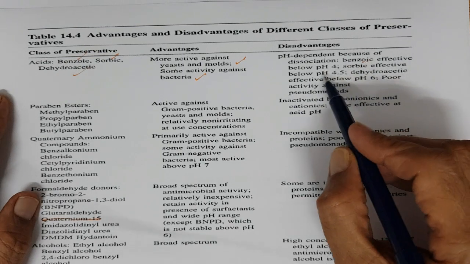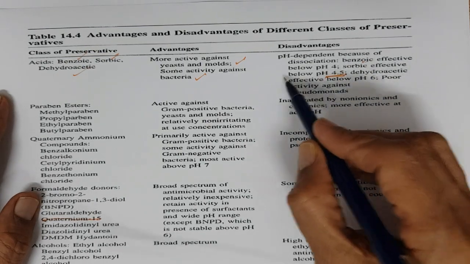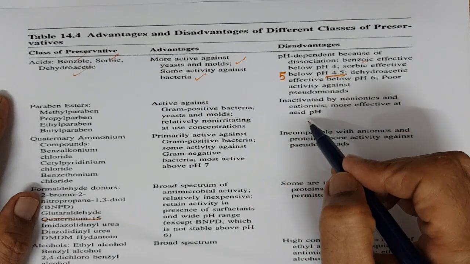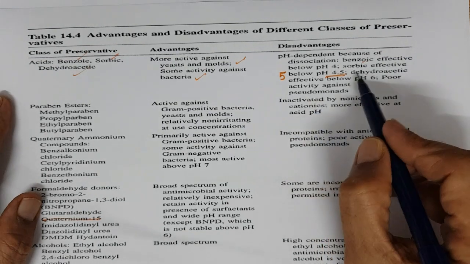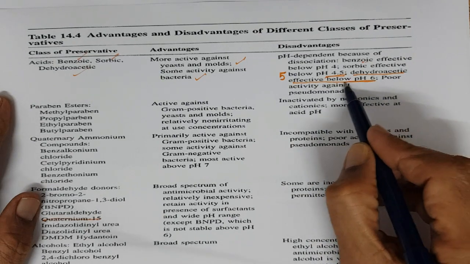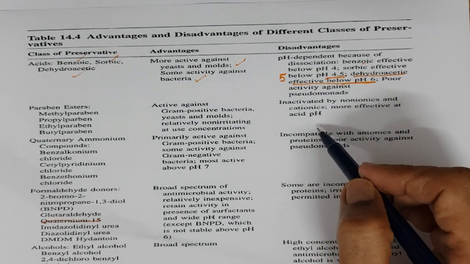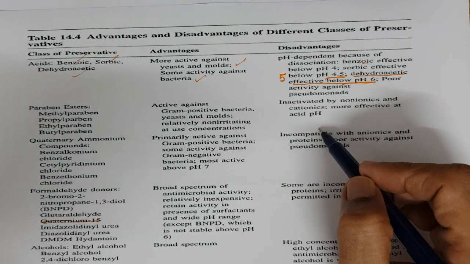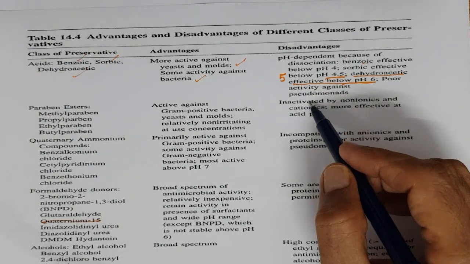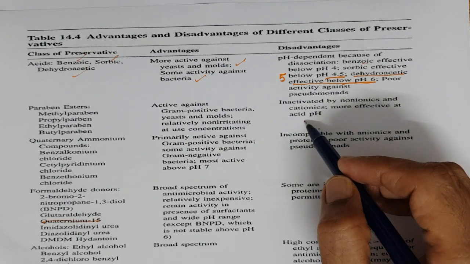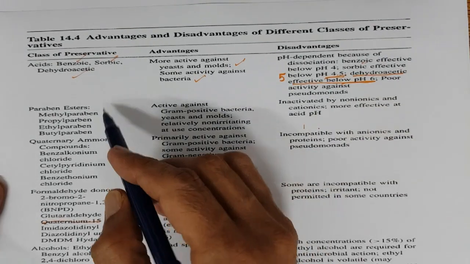It's pH dependent, only at low pH 4.5, 5, we can go maximum 5, above 5 it's not effective. Dehydroacetic acid is effective till pH 6, otherwise it is effective only at 5. So we will see the effect of pH, how the pH affects the preservative efficacy subsequently, right? Now these are parabens.